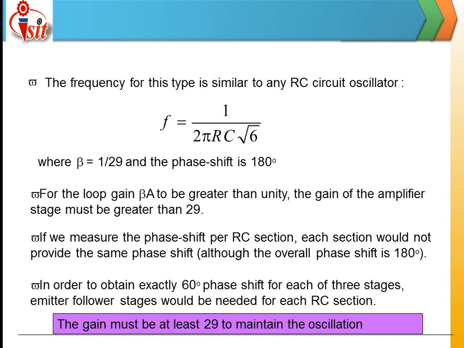The gain must be at least 29 to maintain the oscillations. That means whatever gain is introduced by any circuit, it must be 1 divided by 29, and that 29 gain introduced for this section is very much equal to a unity gain factor.